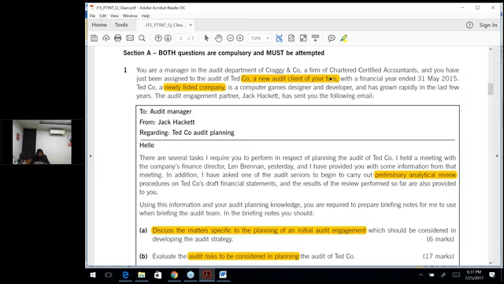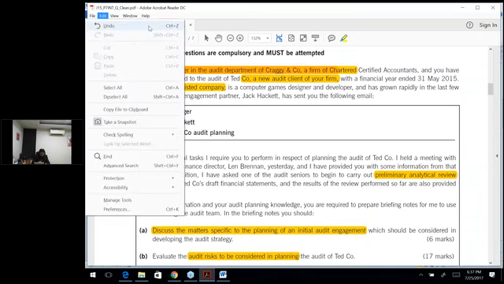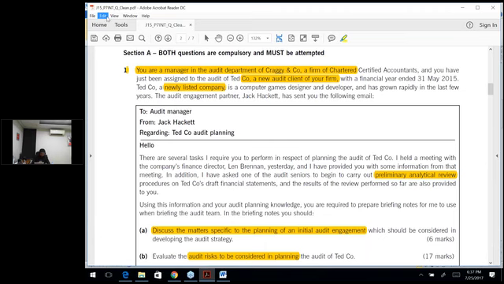of your firm. Now, when we know that there is a new audit client of our firm, it actually means that there is a detection risk, which is actually a high detection risk.